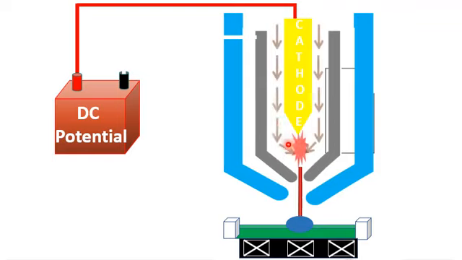When the gases are incorporated between the cathode and anode, the high temperature of the arc will result in ionization of the introduced gas, and the introduced gas will be converted into a plasma.